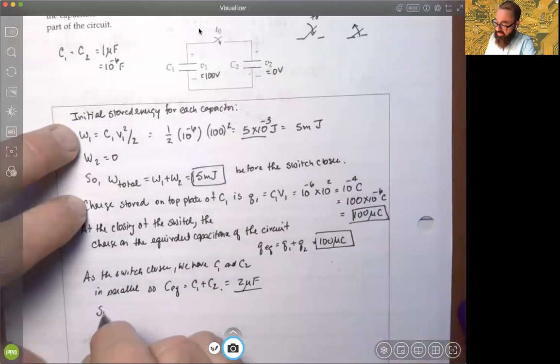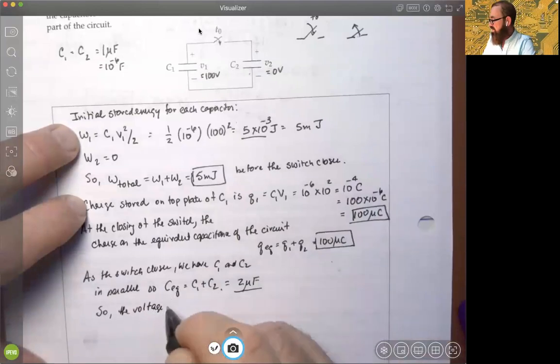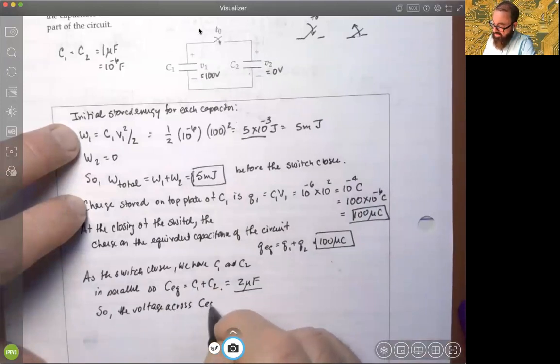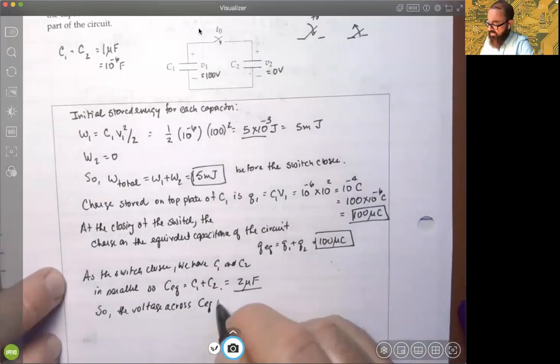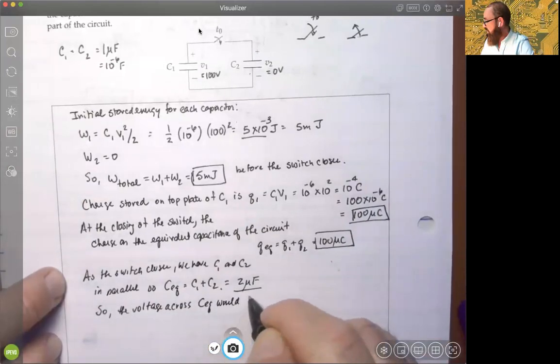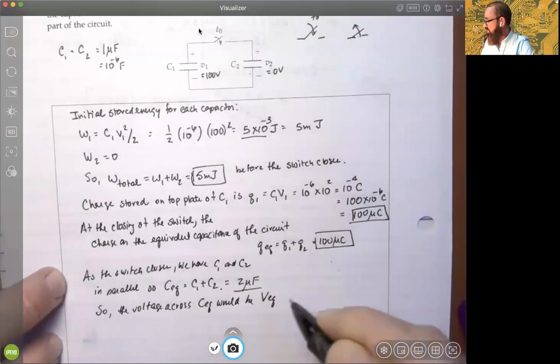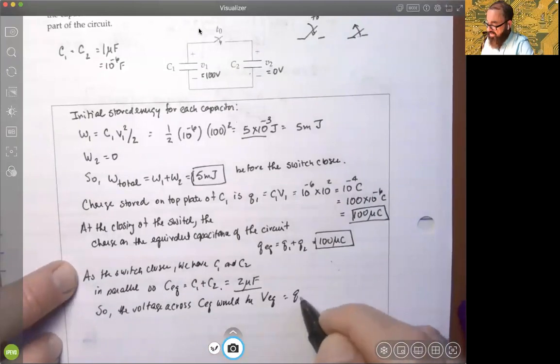So what does that tell us about the voltage across that equivalent? It would be the equivalent voltage, which is Q_EQ divided by C_EQ.